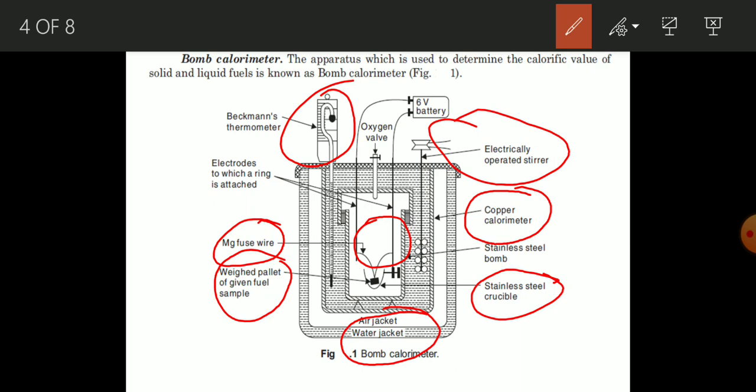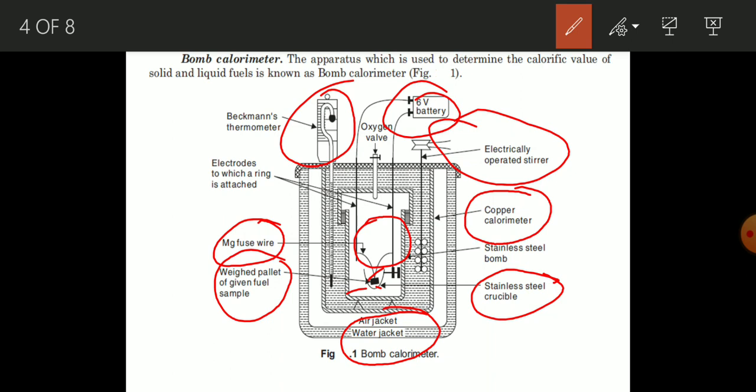Next, a weighed mass of fuel placed in the crucible is allowed to burn in oxygen by an electric spark across the electrodes, and the heat liberated is measured by the principle of calorimetry.